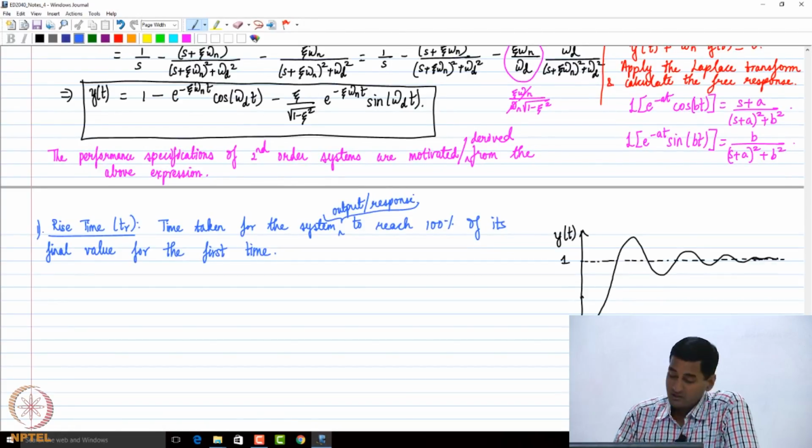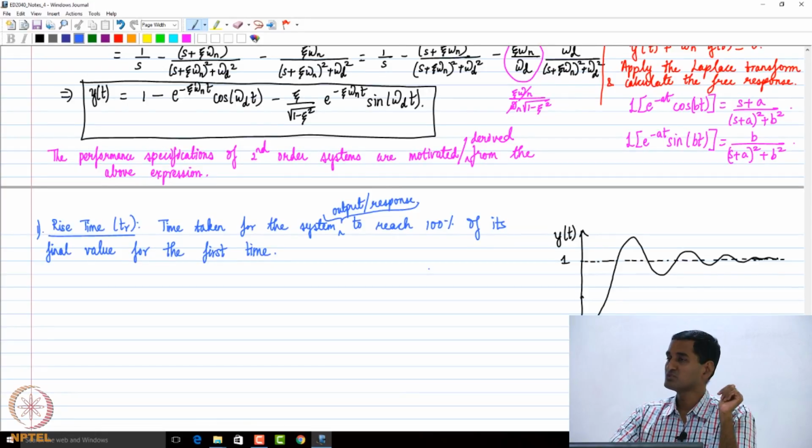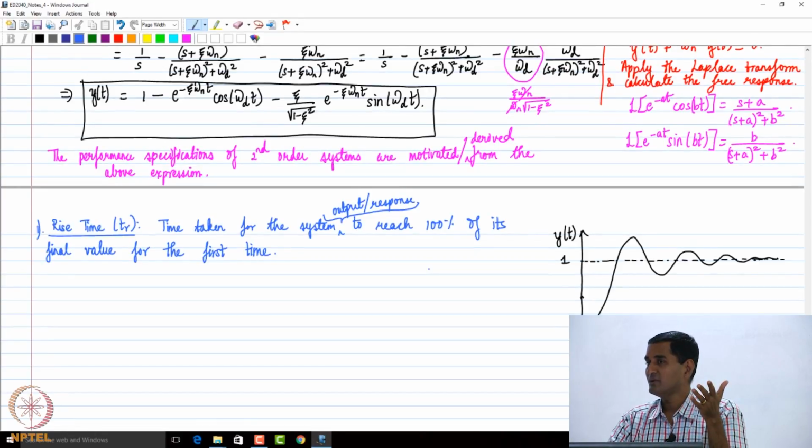So this is the time taken for the system output response to reach 100% of its value for the first time. But if you have a critically damped or overdamped system, the output reaches 100% of its final value only as t tends to infinity. It will never overshoot like this. Then the rise time definition will change.